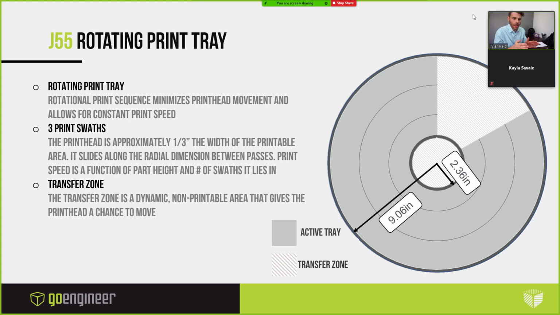And then also the number of paths that your parts lie in. If they all fit within that inner ring, it's going to print very quickly. If they reach out into the second path, then your print time is going to go up. And if they reach out all the way into the third path, your print time is going to go up a little bit more as well.